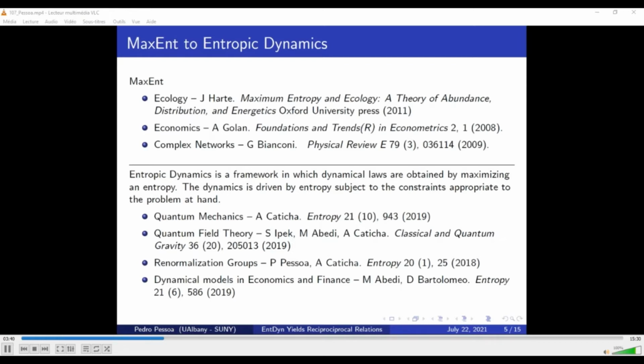This idea has been successful in obtaining dynamical models in quantum mechanics and quantum field theory, and in particular, there is this relatively recent work on entropic dynamics for dynamical models in finance. The question we will tackle here today is whether we can create a general dynamics of probability distribution. Just as MaxEnt is not restricted to statistical physics, is entropic dynamics able to create more general dynamical models?